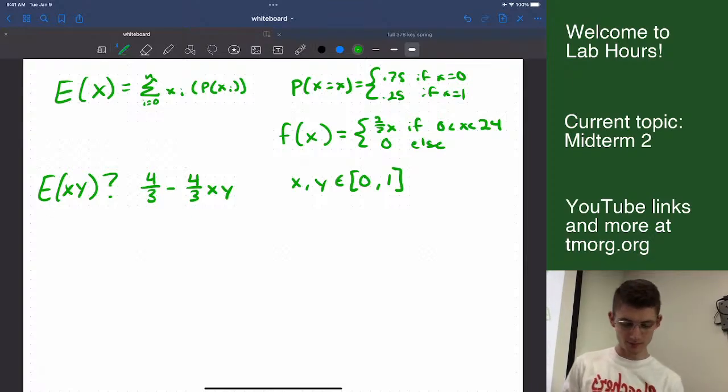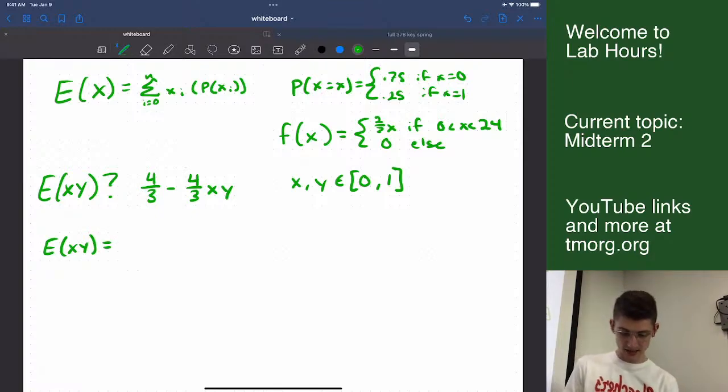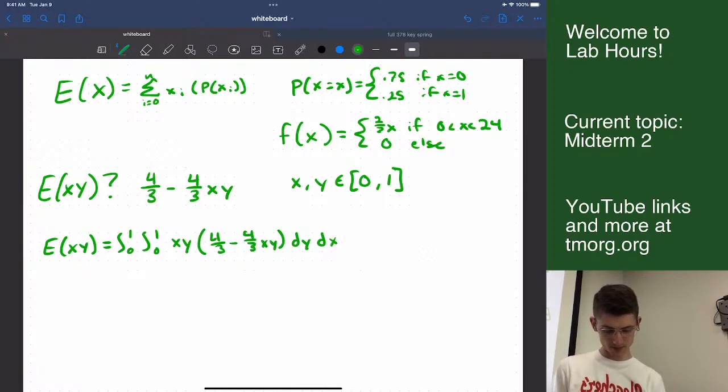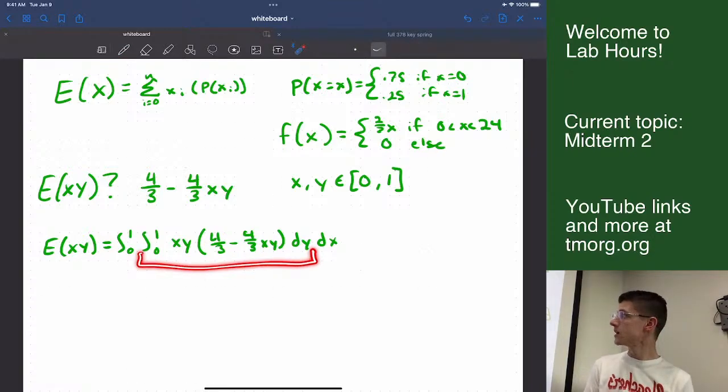But anyway, if I need the expected value of x times y, I'm just going to integrate over the bounds of x and over the bounds of y, the thing, xy, times the probability of the thing, dy dx. And I would work first from the inside.